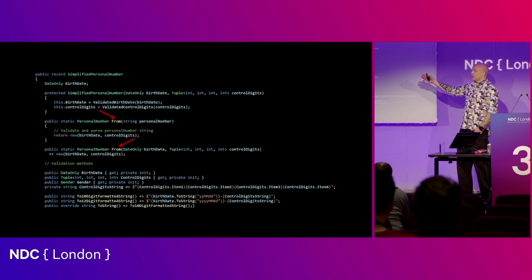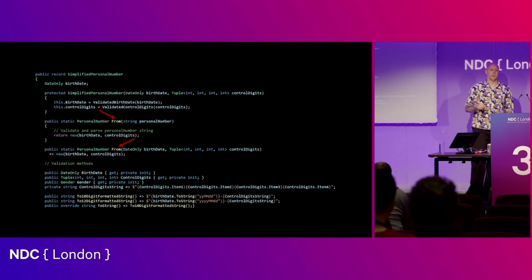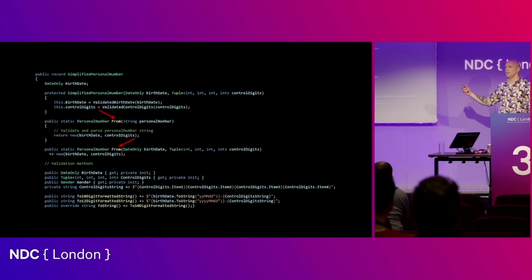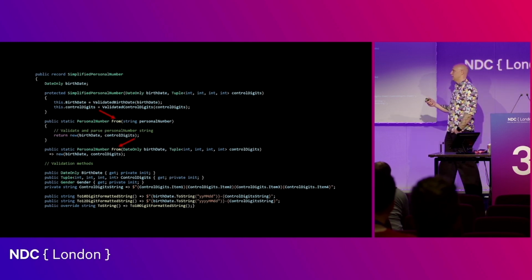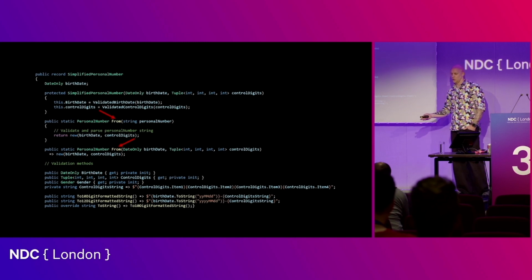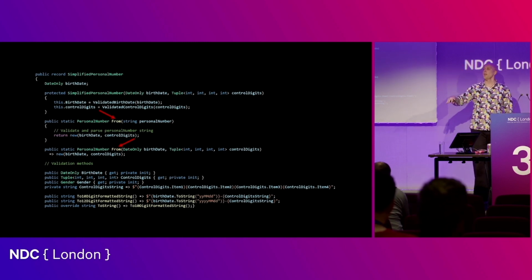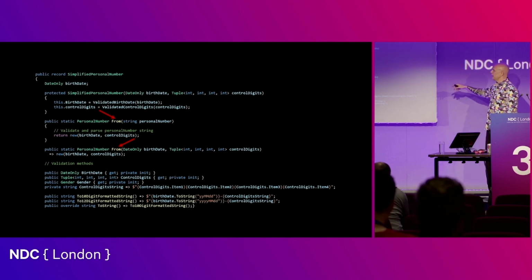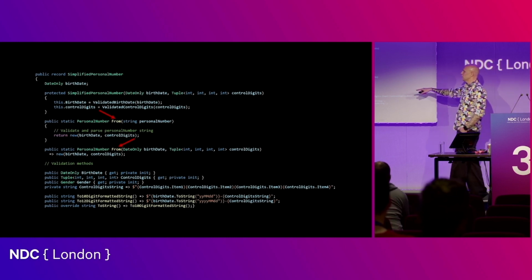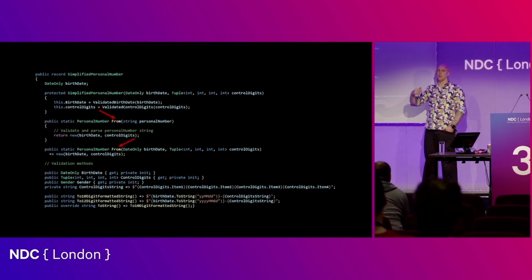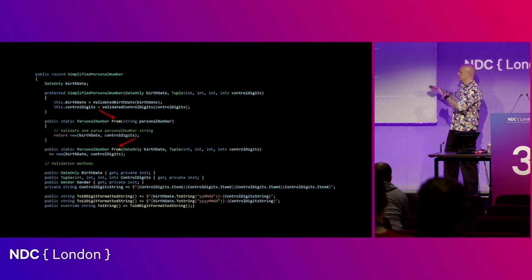And then I create static helper methods, so personal number dot from, and I pass in a string, because every personal number in Sweden is supposed to be a string with 10 digits with a dash or a plus. Or it can be a 12-digit number, which is not an official format, but from a string, okay? And then we could do another version down here, which is, I know the birth date, and then the control digits and all of that.